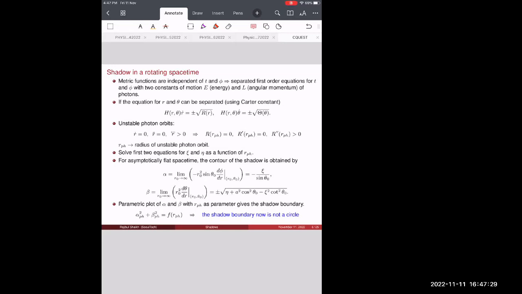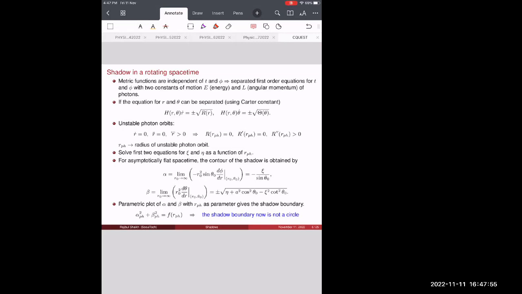Now, suppose we consider the equatorial plane. On the equatorial plane itself, if we look at the retrograde and prograde photons, then the unstable circular orbits for the two kinds of photons will be different, and it will be different if we consider different planes also. So in different planes, the radius of the unstable circular orbits will be different.